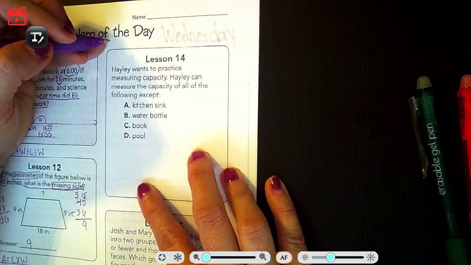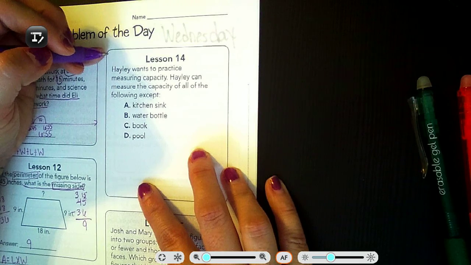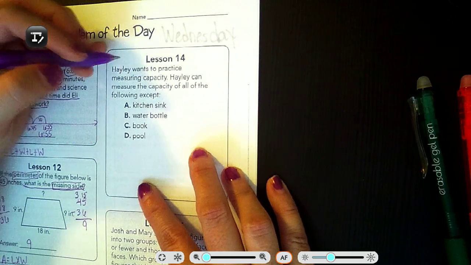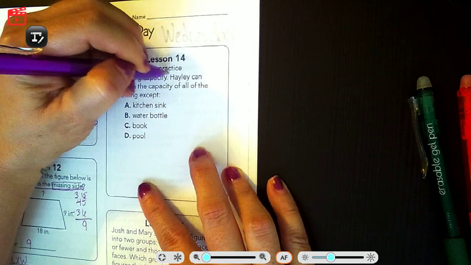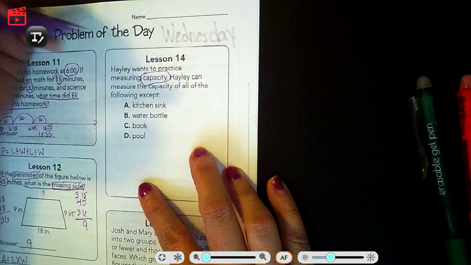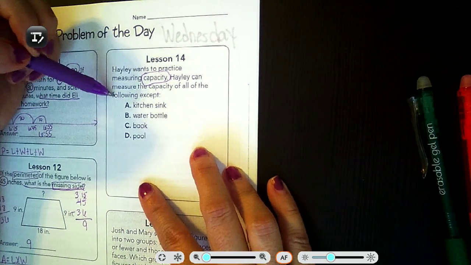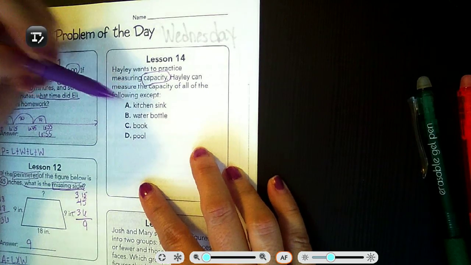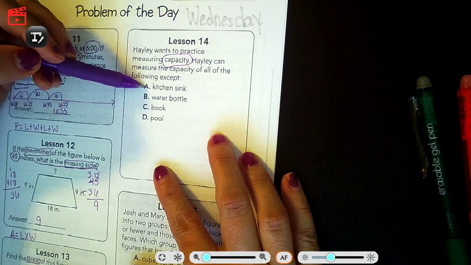Number 14, Haley wants to practice measuring capacity. Okay, so when we're talking about capacity, that's an important word. Capacity is how much something can hold. Haley can measure the capacity of all except the kitchen sink. Can she measure how much water fits in the kitchen sink?